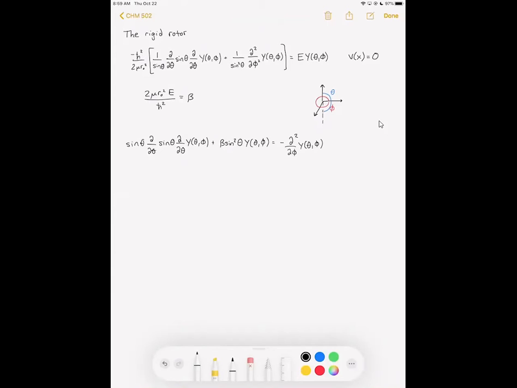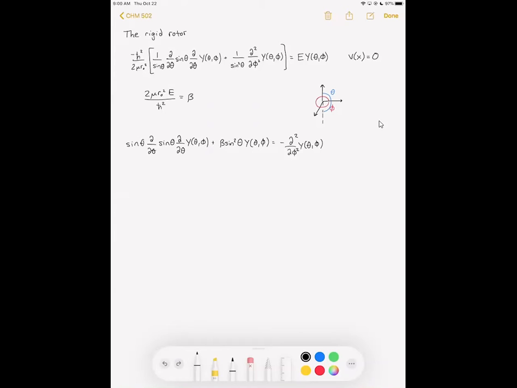Okay, so now that we're at this stage, we can note something about this problem. We have 2 differential expressions, one on each side of the equation, and they're different. They're wholly reliant on one variable. On this side, the differential operators are only with respect to theta, and on the other side, they're only with respect to phi.